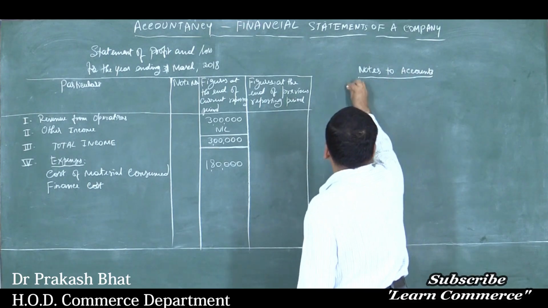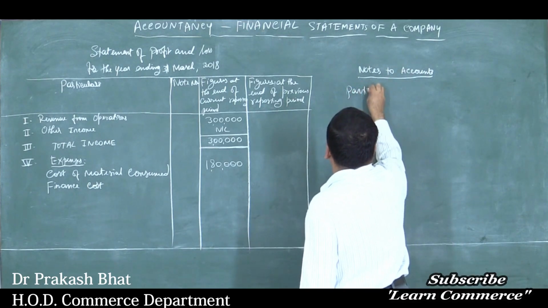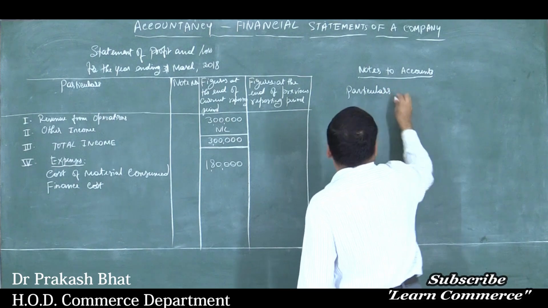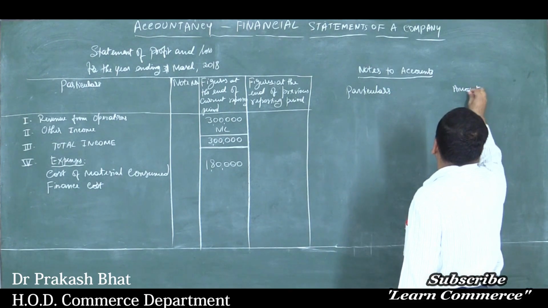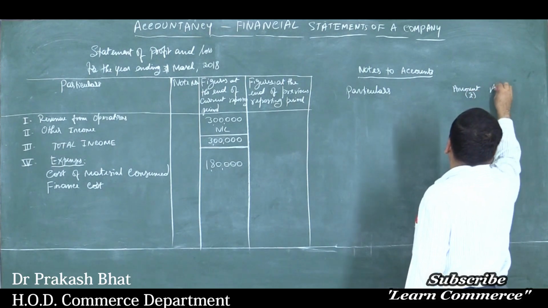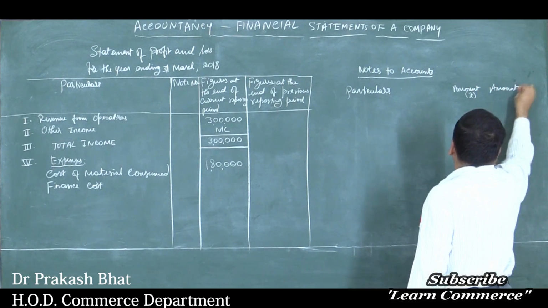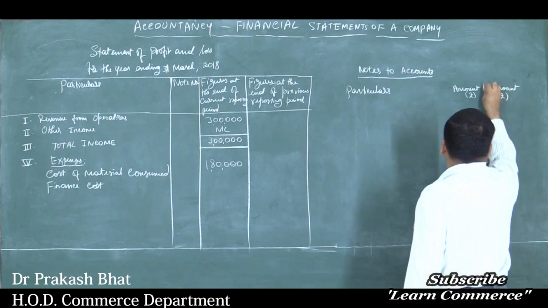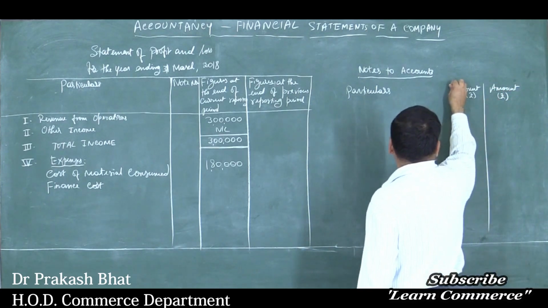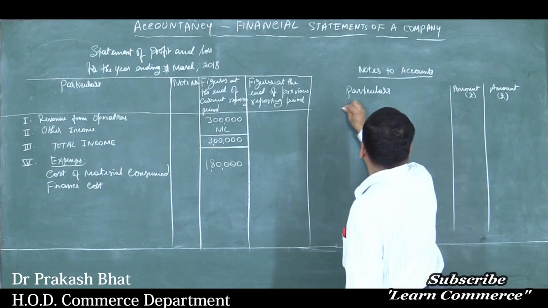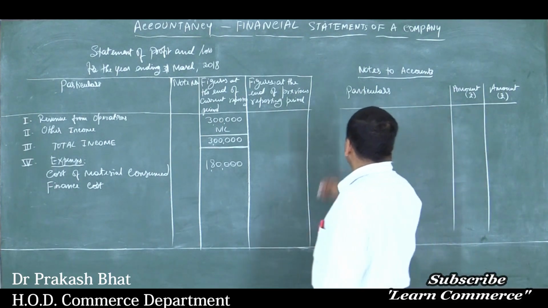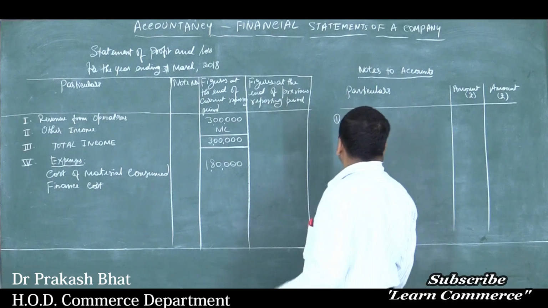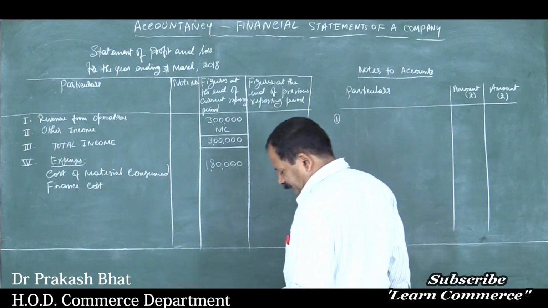Now, right here, particulars, and provide two amount columns. Yes, note number 1 here, that is finance costs.